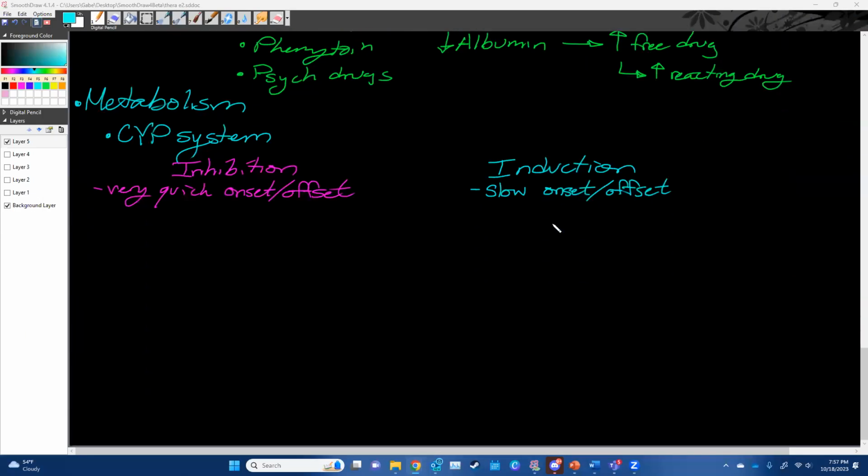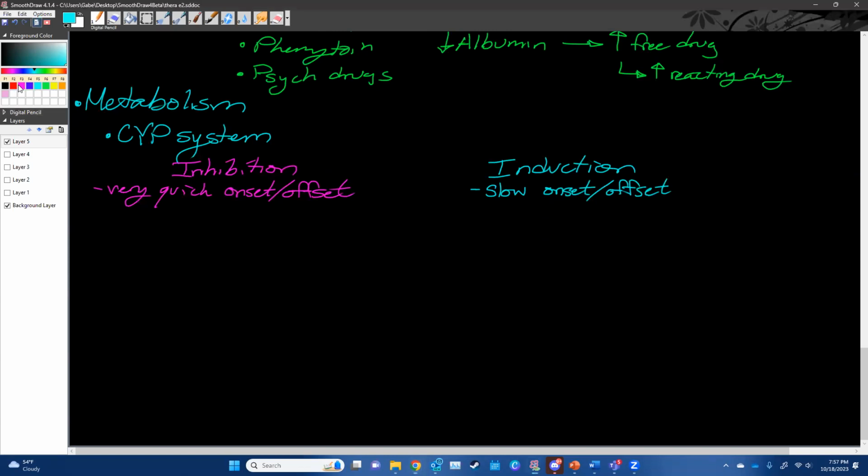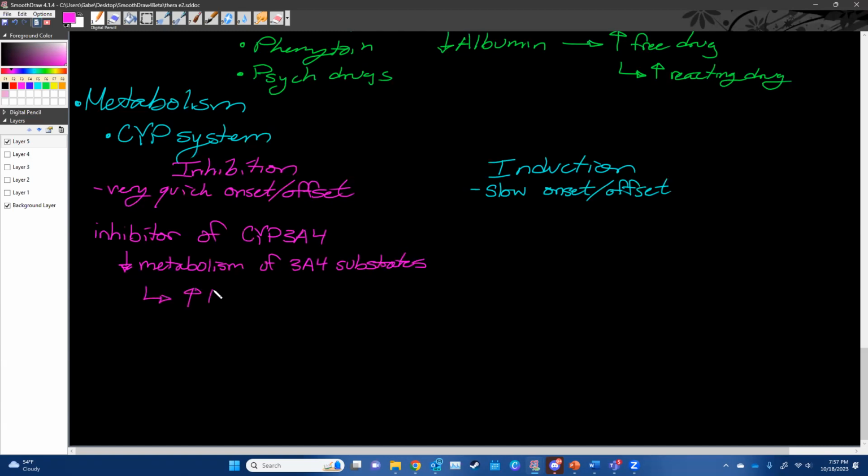That being said, let's talk about what this does. When we have an inhibitor, we are talking about a specific enzyme. For example, inhibitor of 3A4. This means that we are going to decrease the metabolism of 3A4 substrates, which will result in increased levels of these 3A4 substrates.